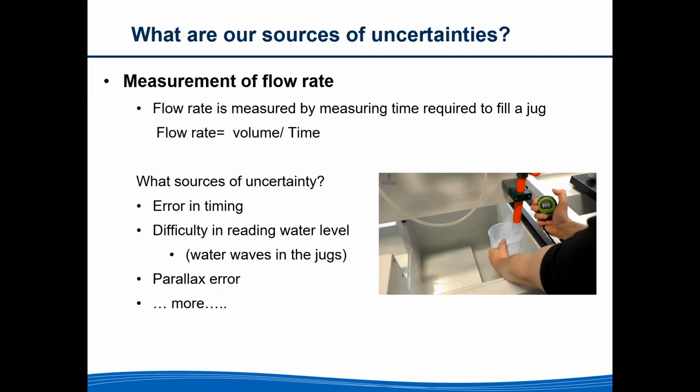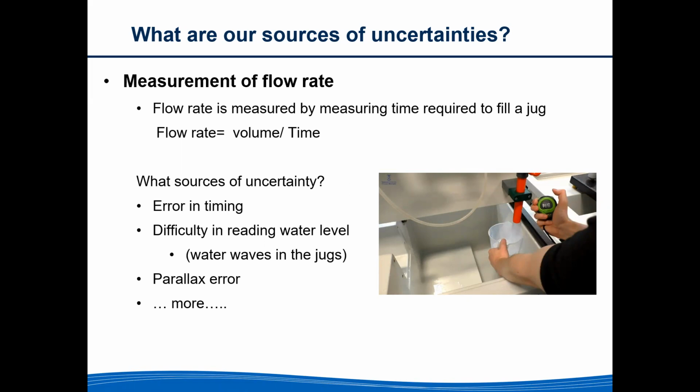But not only the measurement of the manometers is subject to uncertainty. As part of the experiment, you are also going to measure the time that you need to fill a jug of water. And that's also subject to uncertainty.